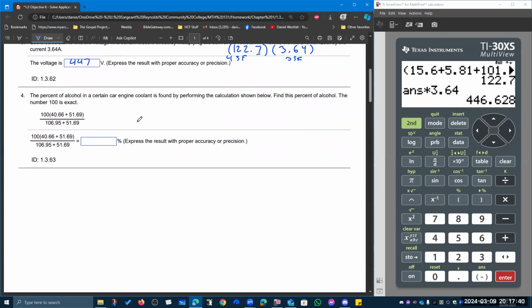The percent of alcohol in a certain car engine coolant is found by performing the calculation shown below. Find the percent of alcohol.